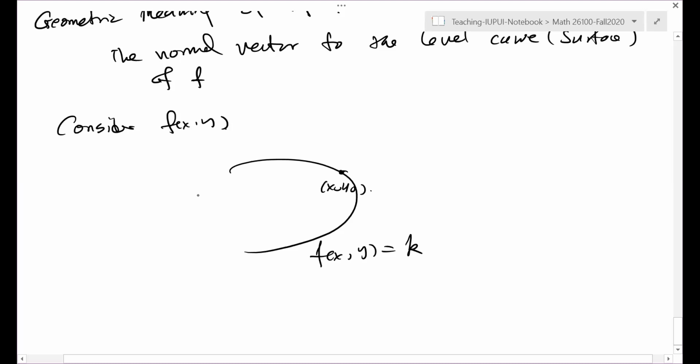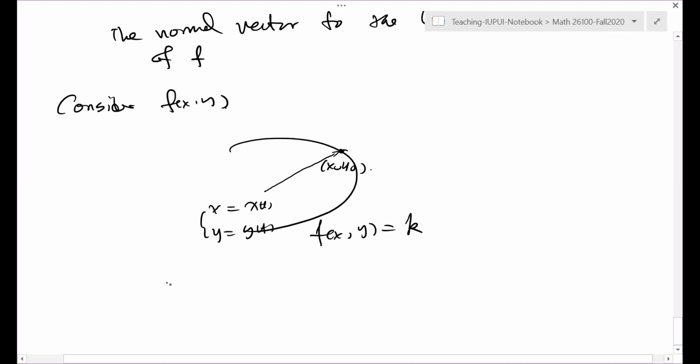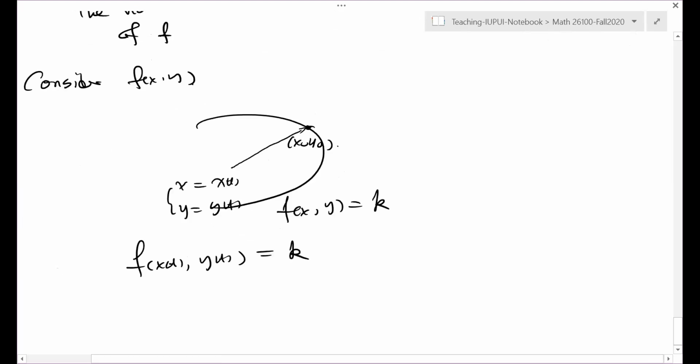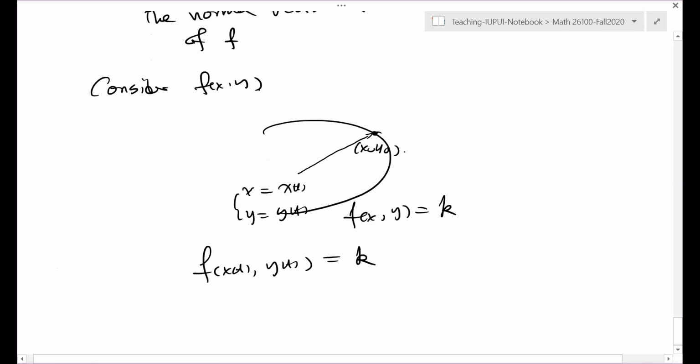This is a curve, so I can express this curve using parametric equations. That means f of x of t, y of t is always going to be k. So you parameterize this curve using the parametric equations.